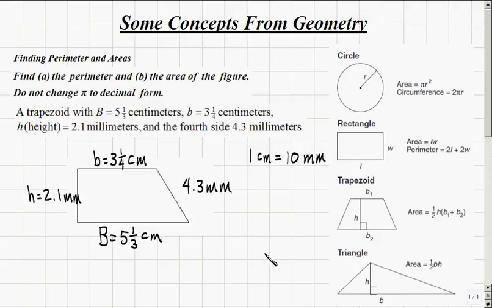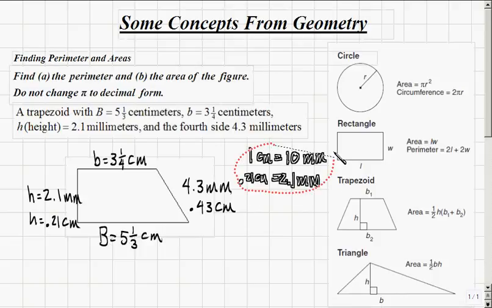So if we have 2.1 millimeters, to convert this to centimeters, we'll move the decimal point 1 unit to the left to get 0.21 centimeters. So the height will be 0.21 centimeters. Similarly, 4.3 millimeters would be the same, moving it 1 to the left, 0.43 centimeters. So those are the numbers that we'll actually use.